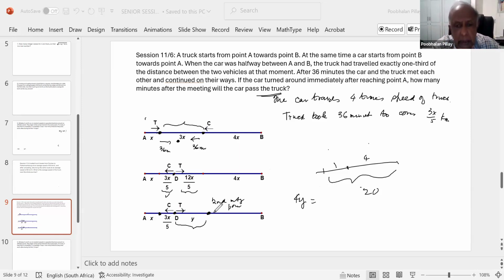But how much did the car travel? The car went from this point across this. Here you got 3x over 5 plus x. It went up to that point and it turned around, right?